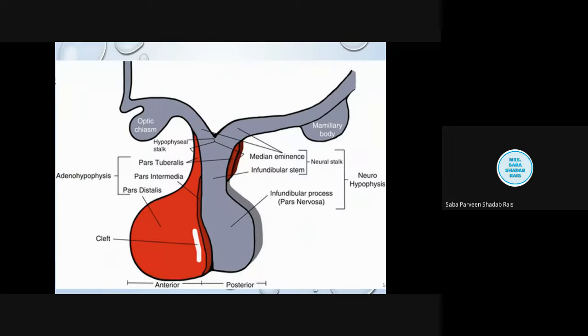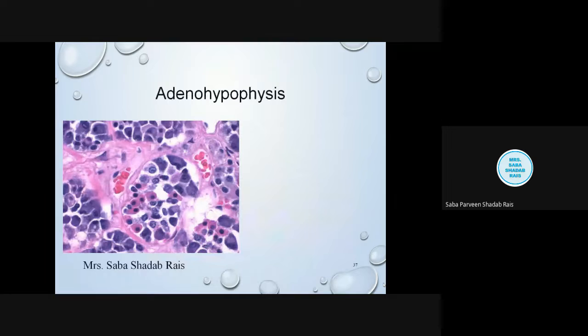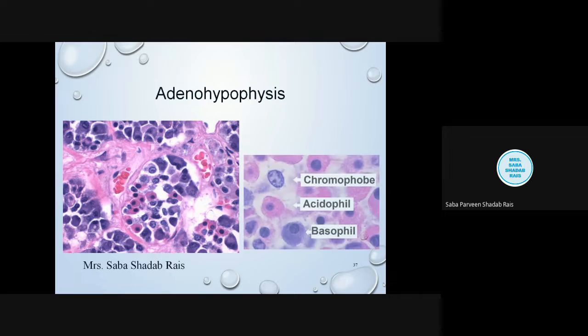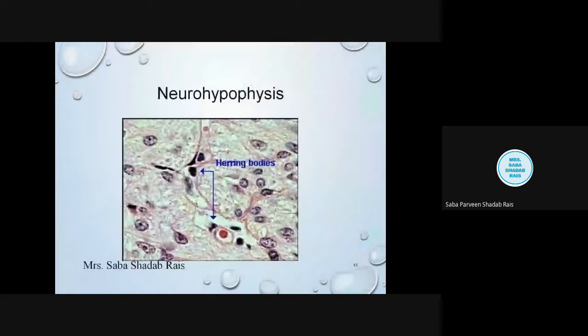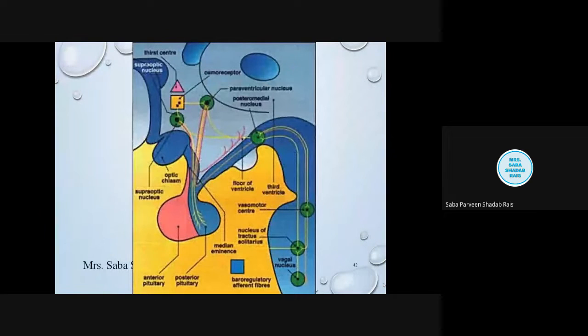Thereafter, we discussed the histology. We have seen that the adenohypophysis, the larger portion of the pituitary gland, originated or developed from Rathke's pouch of the mouth region. The neurohypophysis has a very different origin from the adenohypophysis. And thereafter, we discussed the cells of the pituitary gland and what hormones are produced by it.